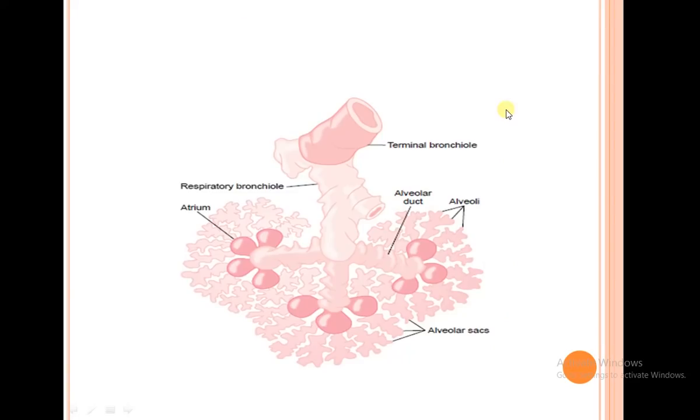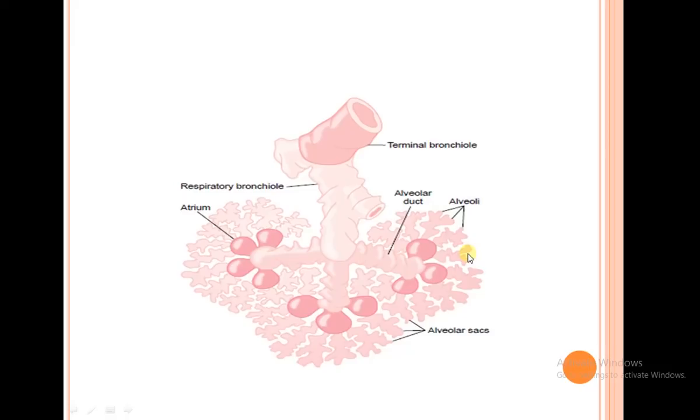The exchange part, or the respiratory unit of the lungs, includes a respiratory bronchiole. You can see in this diagram, this is a respiratory bronchiole, the alveolar ducts and the alveoli.